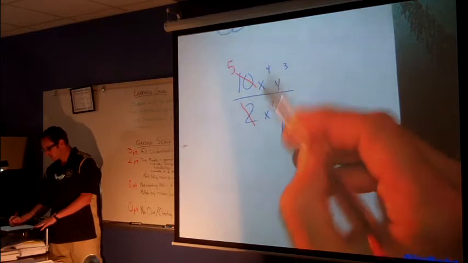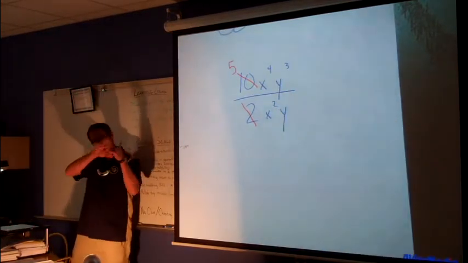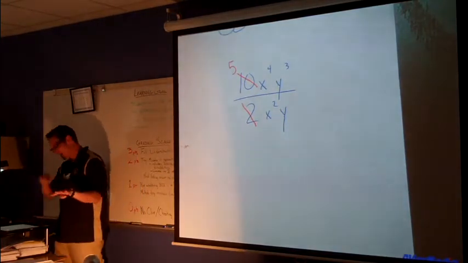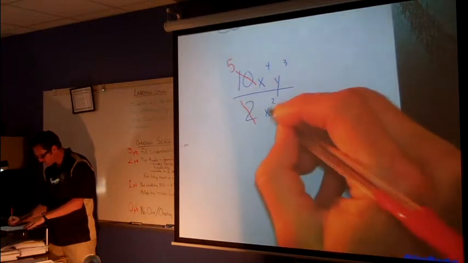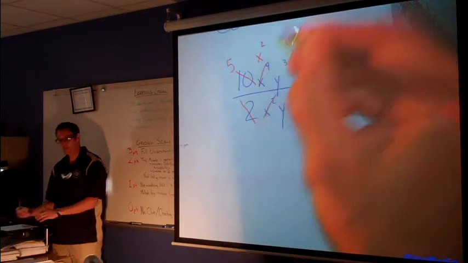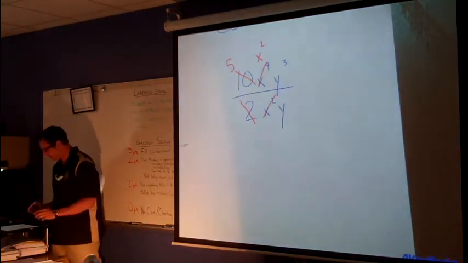You have an x to the 4th at the top and an x squared at the bottom. If you picture all of the x's being lined up, and all the x's that cancel out, you're going to be left with x to the 2nd power at the top. Okay, so all of those x's canceling out leaves you 2 x's at the top.